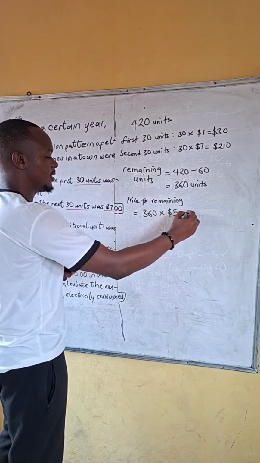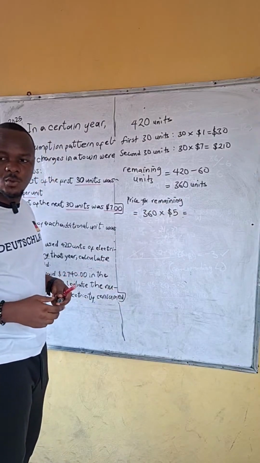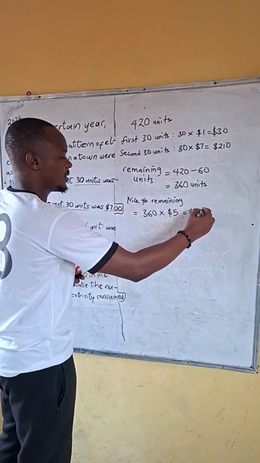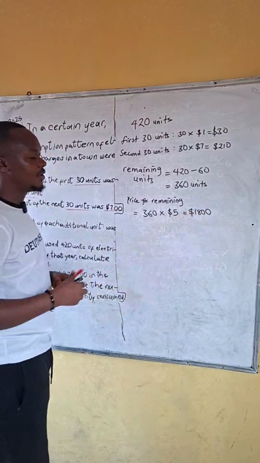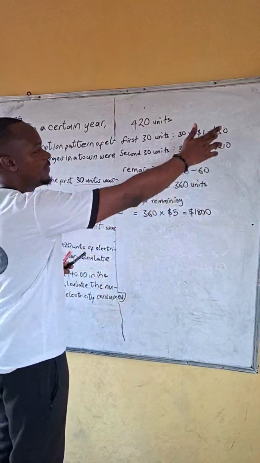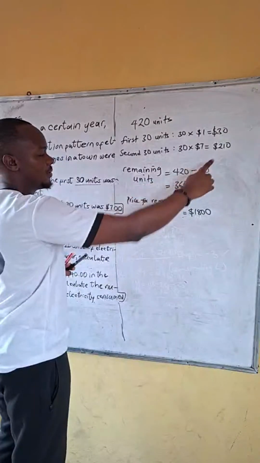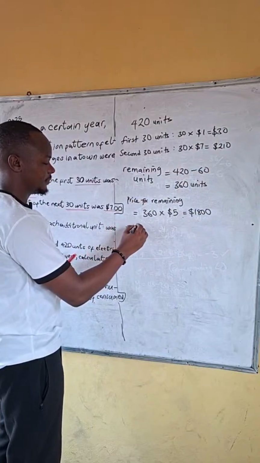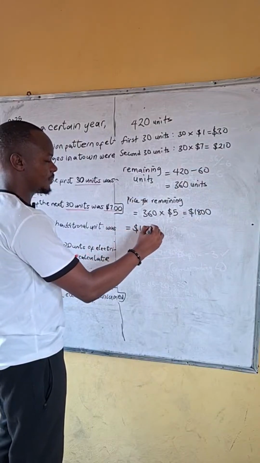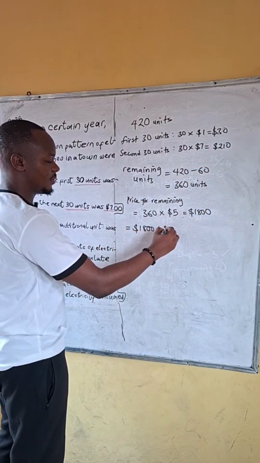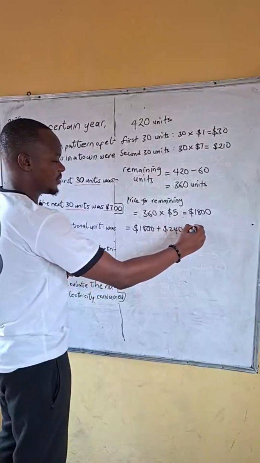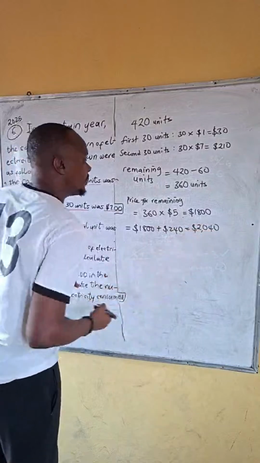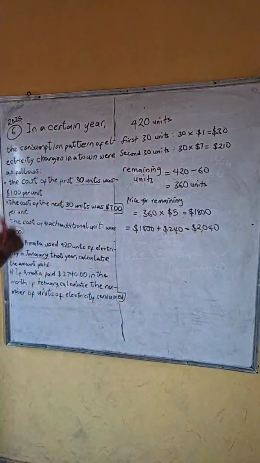What does this give us? 36 times 5 is 180. Then you add a 0. That's $1,800. So you add up all of this: 240 plus 1,800. That's $2,040. So this is what she paid for 420 units.